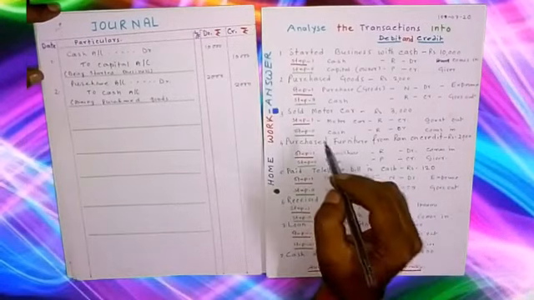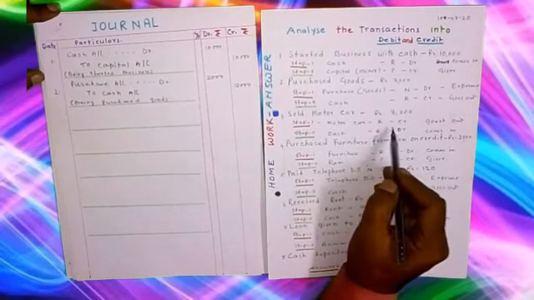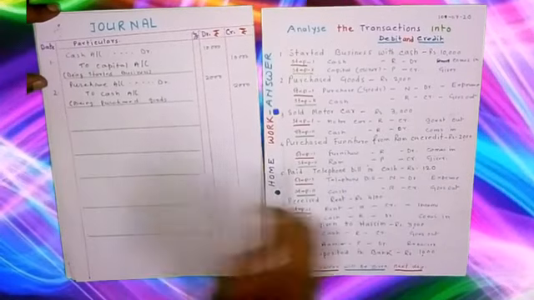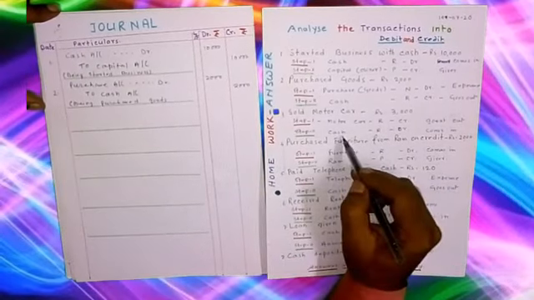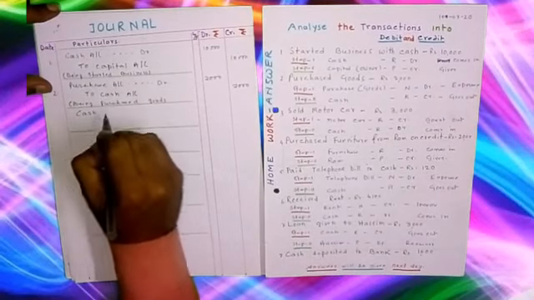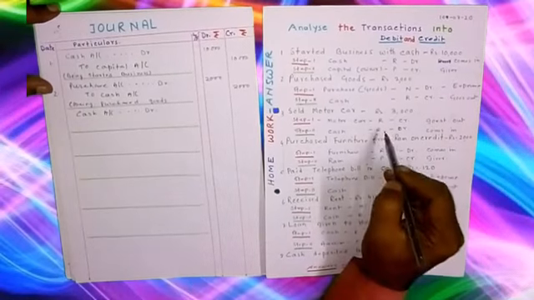Third, you see sold motor car. The transaction analysis was motor car credit, cash debit. At first write the debit item. Here debit is cash. Write cash account debit. Then write credit.